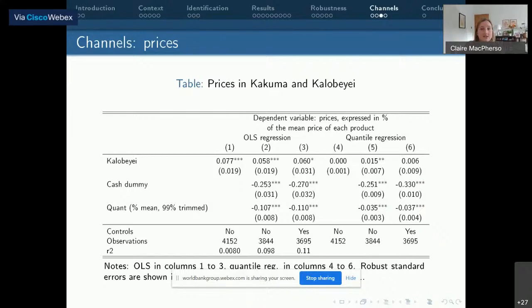So the Kalobeyei settlement is also less densely populated than Kakuma, and the different modalities of food assistance are likely, we thought, to influence prices, which implies that the law of one price need not always hold between Kakuma and Kalobeyei. Using data on food expenditures, we find that prices are actually similar between the two sites, and if anything, they're slightly higher in Kalobeyei rather than lower. Therefore, the difference in prices can't really explain the Kalobeyei effect.